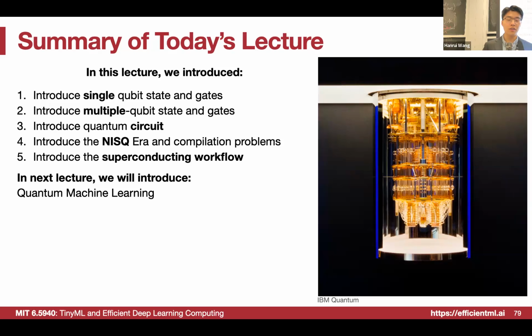And also we introduced the current status, right? We are in the noisy intermediate scale quantum era, and we still have a lot of compilation problems that require the architecture and system people to solve. And finally, we introduced, from the physical perspective, the whole workflow of the superconducting IBM device.